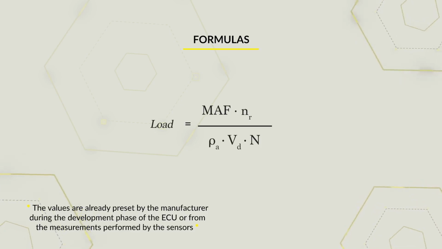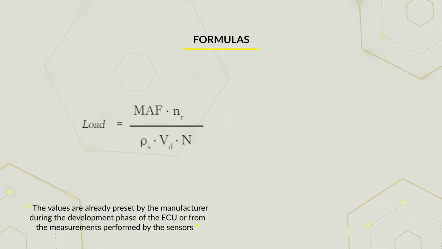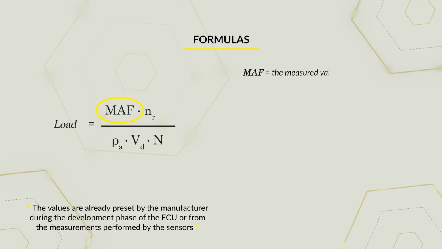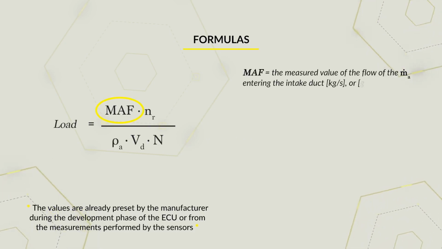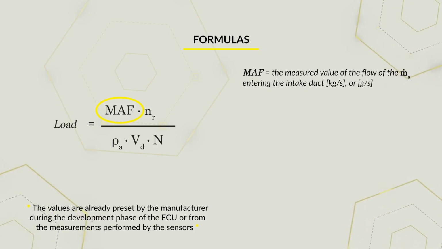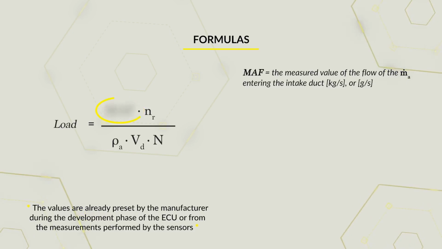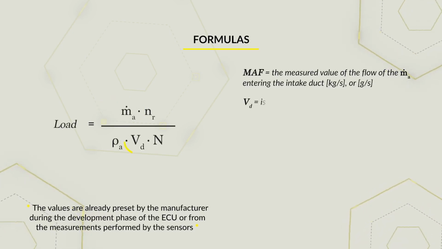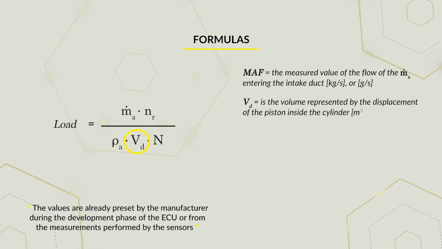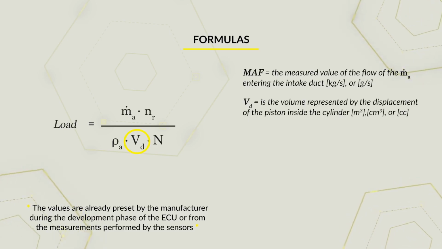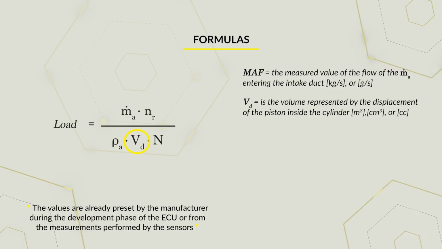Let's try to understand this formula better through its parameters. MAF is the measured value of the flow of the air mass entering the intake duct expressed in kilograms per second, but it is often expressed in grams per second in the maps contained in the original files. This is the volume represented by the displacement of the piston inside the cylinder expressed in cubic meters, but normally the technical documentation expresses it in cubic centimeters.